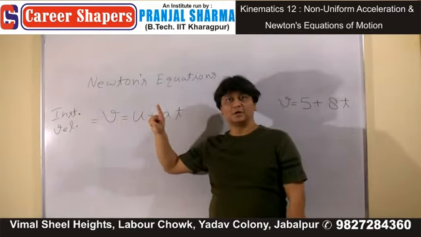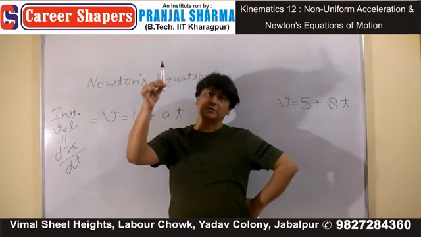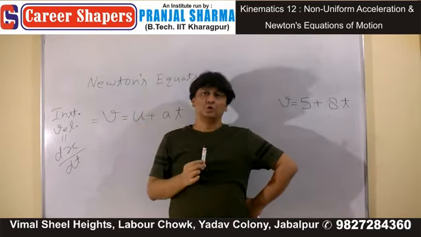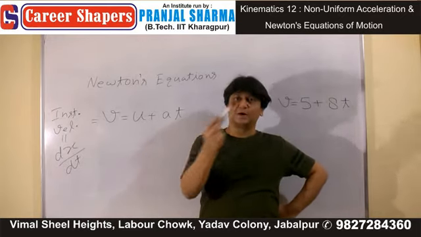What is instantaneous velocity? Instantaneous velocity is dx upon dt. Now look carefully. When an object is traveling along the x-axis, you will be using dx by dt. When it is traveling along the y-axis, you will be using dy upon dt. When it is traveling along the z-axis, you will be using dz by dt. We have no idea whether the object is moving along the x-axis, y-axis, z-axis or some other direction.